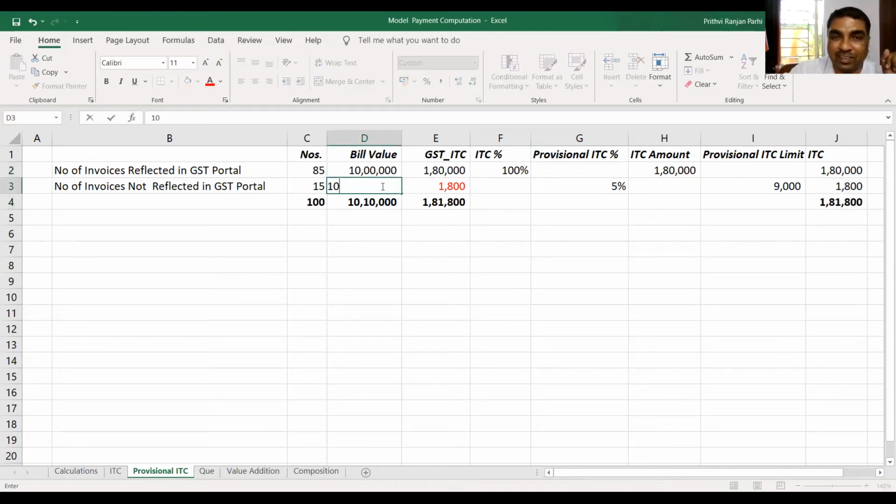Now, suppose it is 1 lakh, then 9,000. Let us say it is 50,000. You will get 9,000. Suppose it is 40,000, you are getting 7,000. Did you understand this concept?